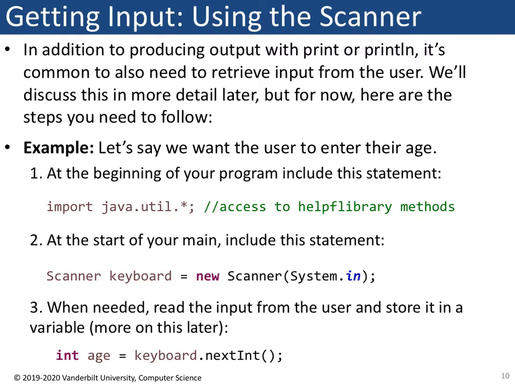That's how you would read in the age from what the user has input to the terminal. Now, in time, you will come to understand each piece of this statement as well as the following statement. But for now, understand that this is the method to get access to the user's input.